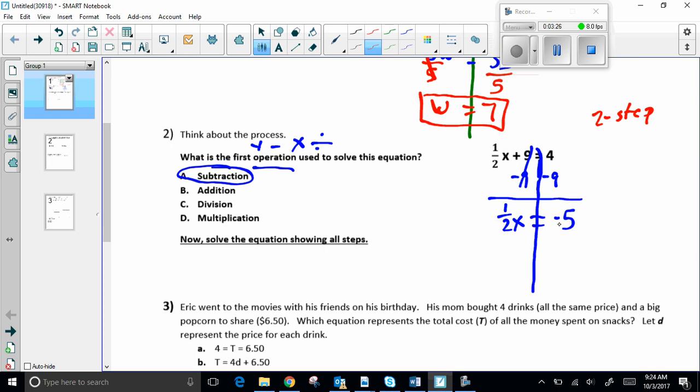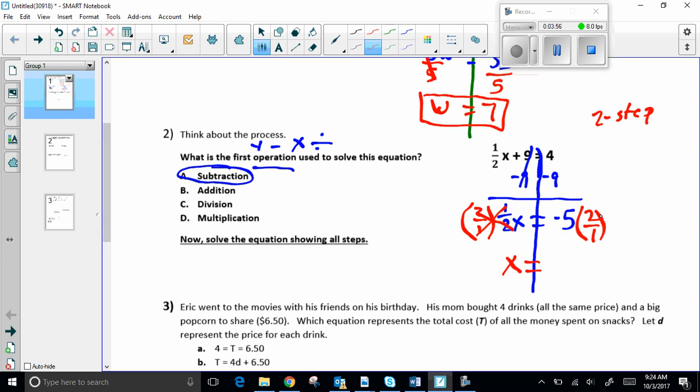1/2 x equals -5. Whenever I have a variable that's being multiplied times a fraction, the way that I will cancel this out is I will multiply times the reciprocal. So I'm going to multiply times the opposite fraction, 2 over 1. 2 over 1 times 1/2 basically makes it equal 1. So now I just have 1x here. But I also have to multiply times 2 over 1 on this side.